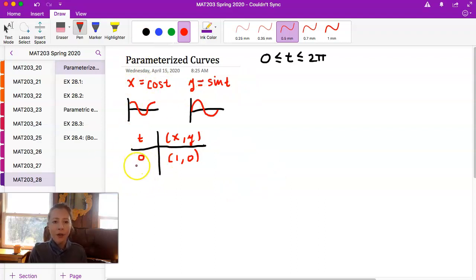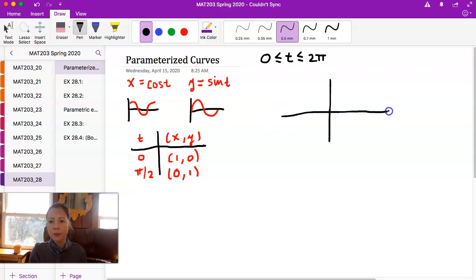then if we looked at pi over 2, for example, cosine of pi over 2 is 0, and sine of pi over 2 is 1. So let's look at this on y versus x, the xy plane.